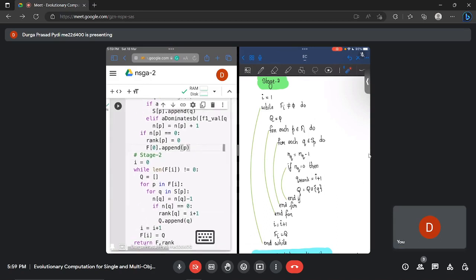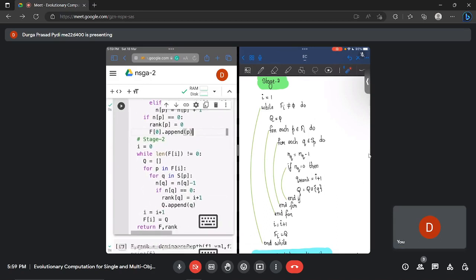Okay, sir. That's fine. So if you were to see for the stage 2, here we started with i equal to 1. This is because our index is ranging from 1, but in this particular case, we are actually using i equal to 0 because we have defined the rank from 0. The next step is you check whether that particular front is not equal to phi. Phi is the null set. If you have a null set, the number of elements in that particular set is equal to 0.